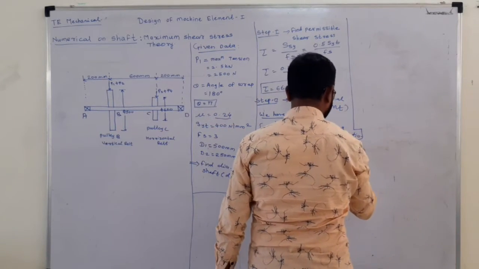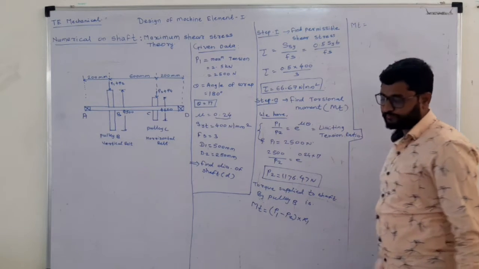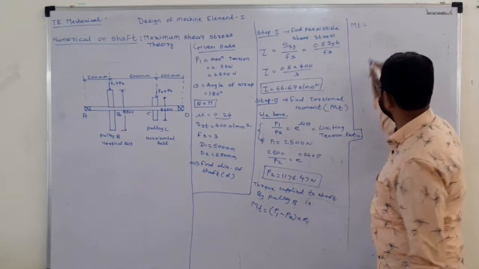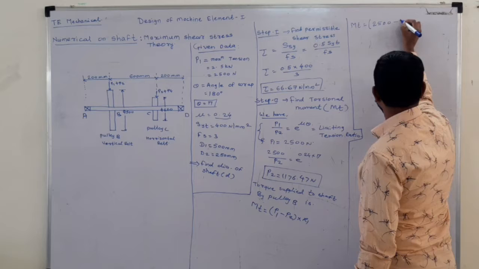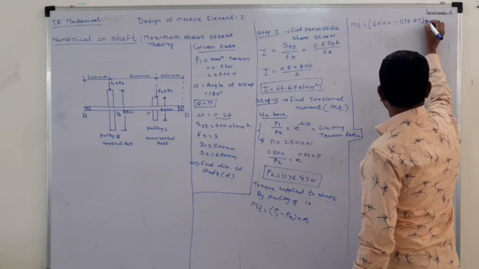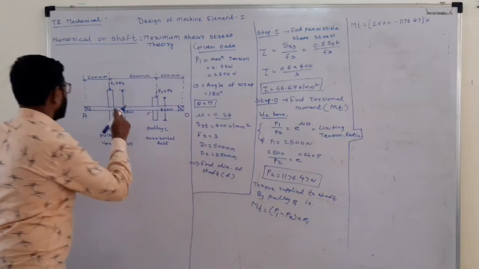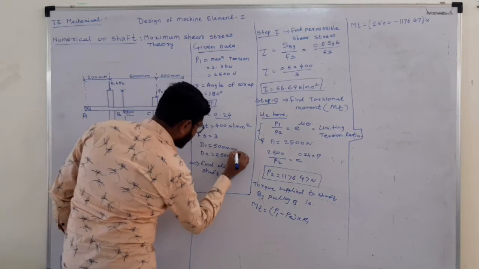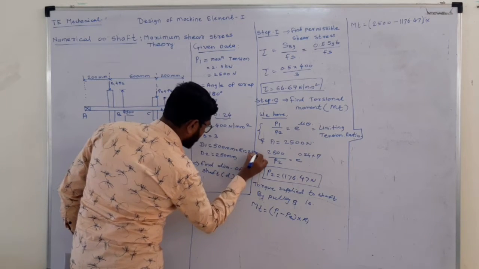So here Mt is equal to P1 minus P2, which we have already calculated, that is 2500 minus 1176.47, into the radius R1 of pulley B. Here the diameter is given as 500, which means the radius of pulley B is 250 mm.